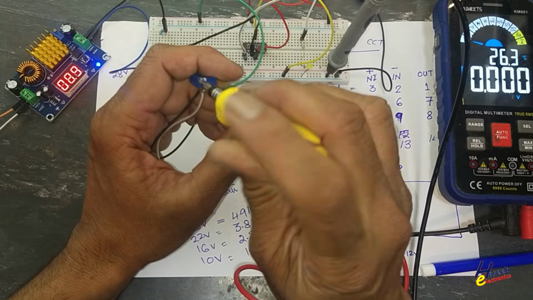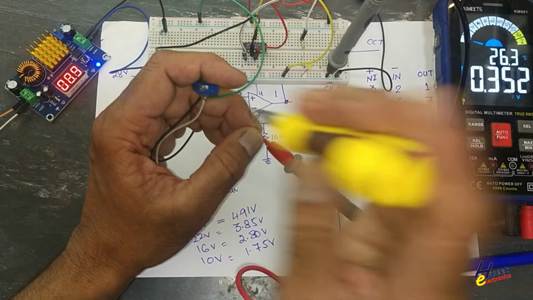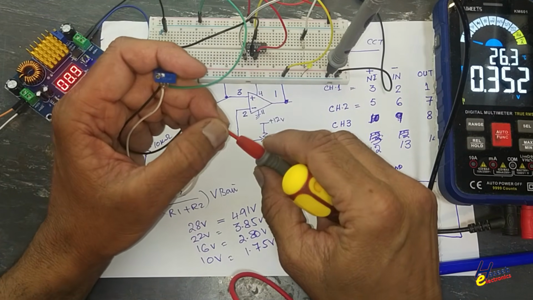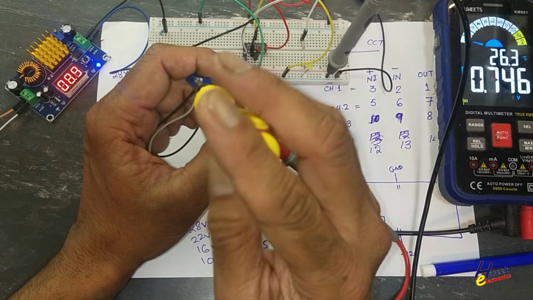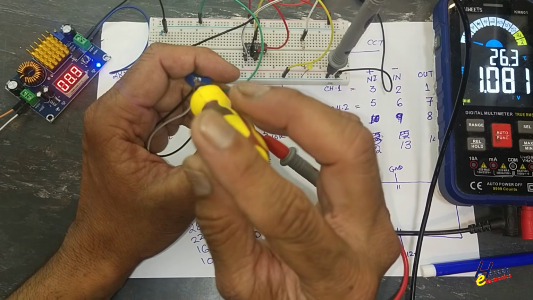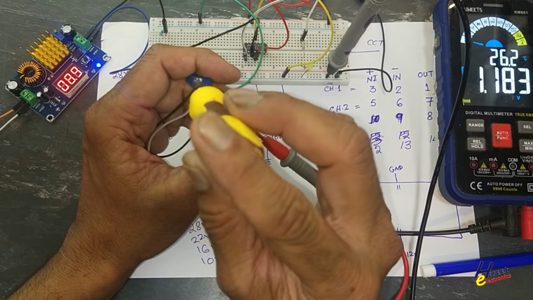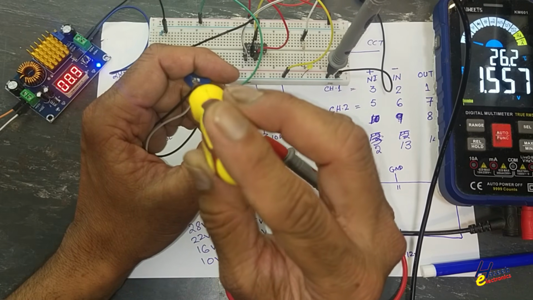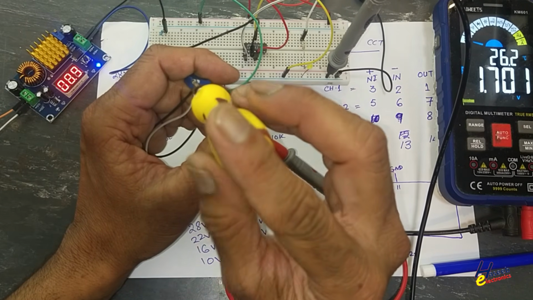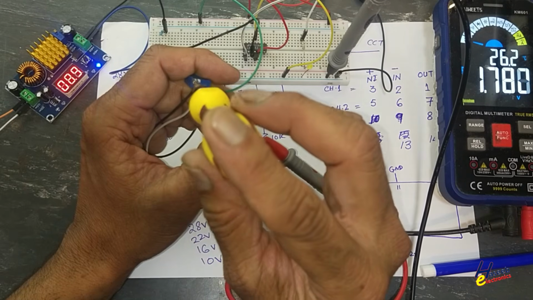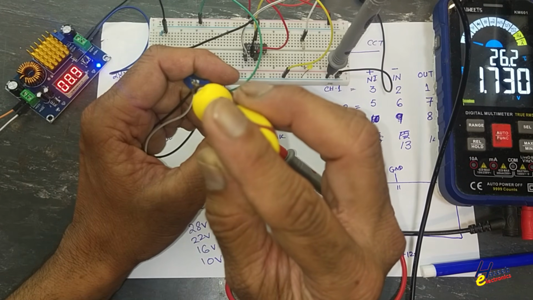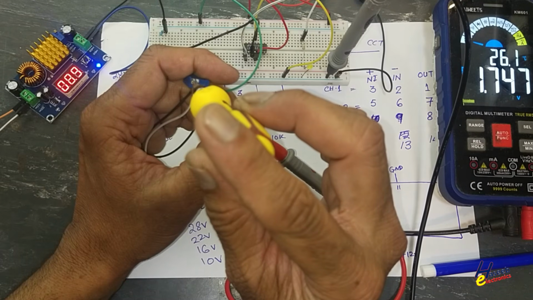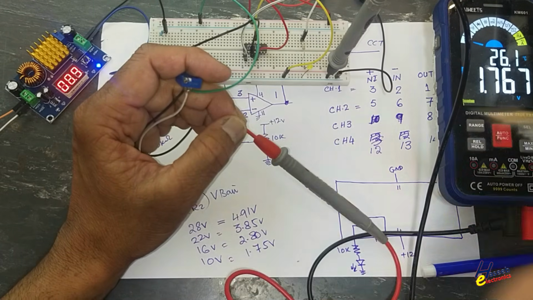We will adjust this potentiometer to make 1.75 volt. It's great.